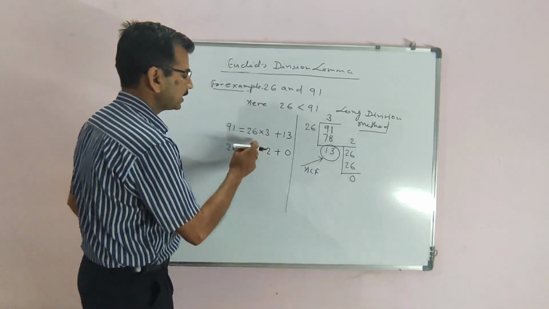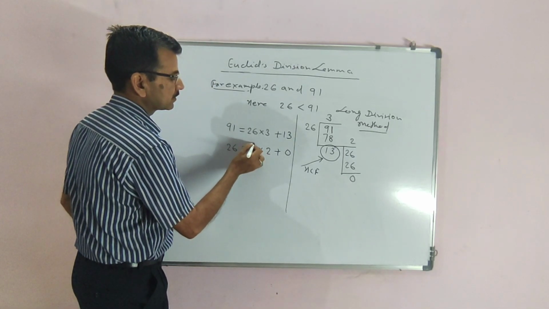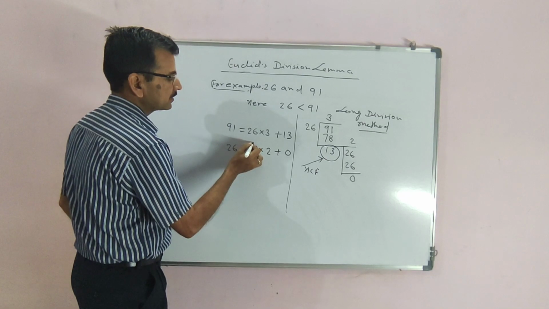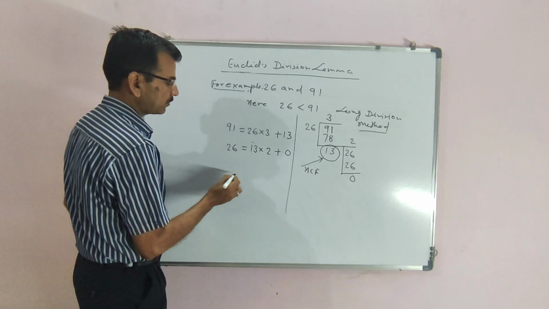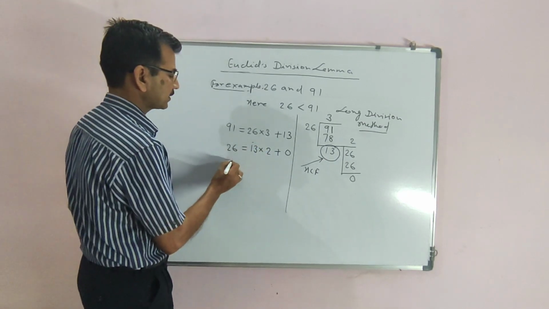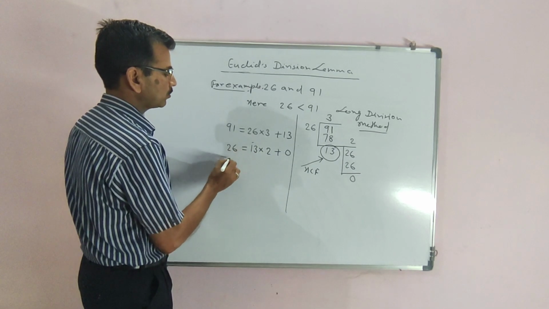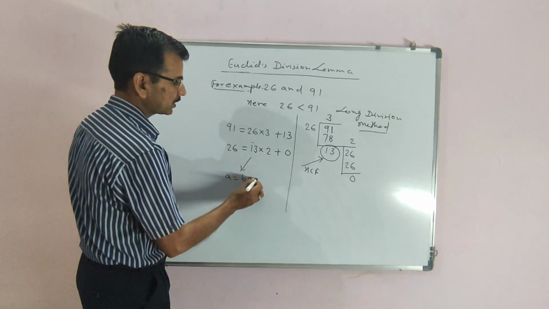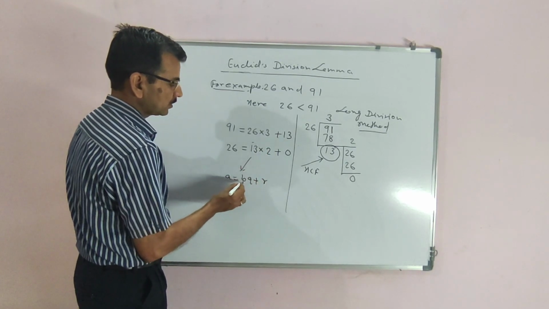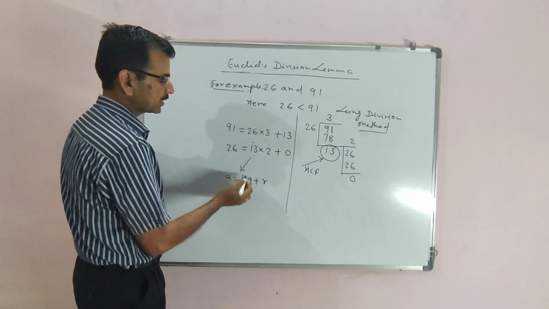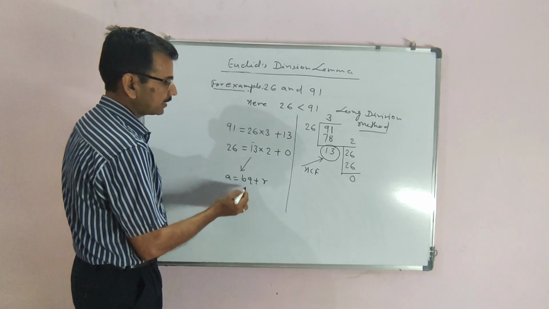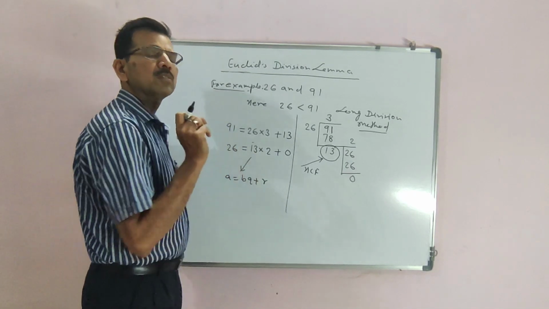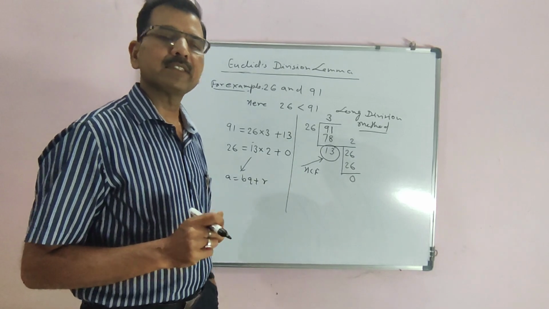And this 13, which is the last divisor, if you compare with A equals BQ plus R, then this last divisor is B, and that is equal to 13.